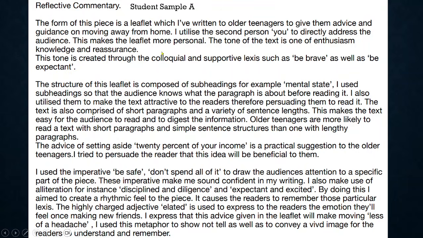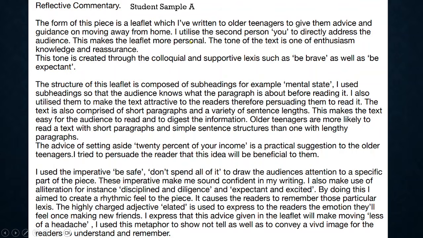Phrases like, I utilize the second person, so there's my point, you, there's my quote, to directly address the audience. This makes the leaflet more personal. So here is a point, a quote, an explain, and a define.